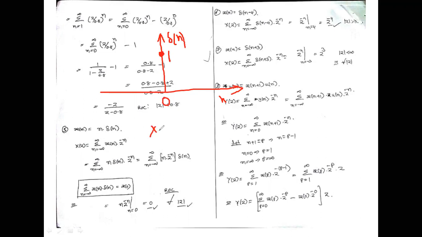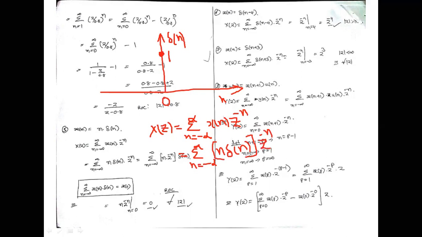So you substitute in the z transformation definition, X(z) equal to sum of n equal to minus infinity to infinity, x(n) z power minus n. What is x(n) here? x(n) is n into delta of n, z power minus n.